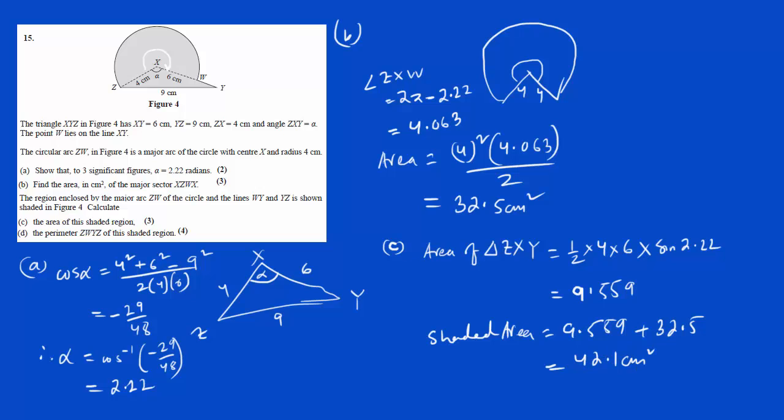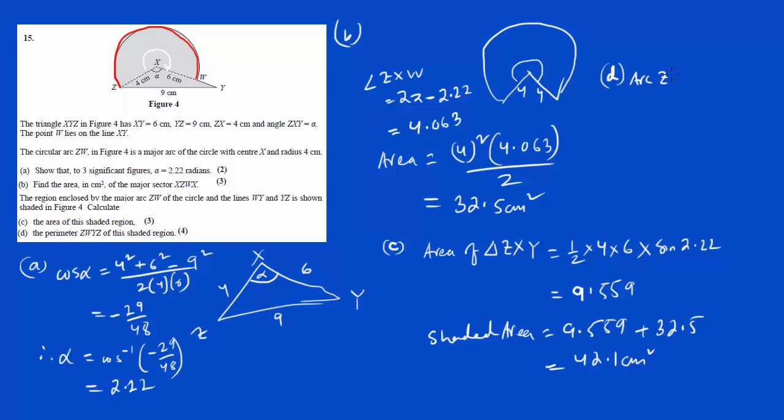Now the final question, question D, deals with perimeter. Remember, perimeter is the total length of the boundary of a shape. One of the major lengths is the arc of the sector. This one starts over here, and this entire arc length is part of the perimeter. Let's find the arc length first.